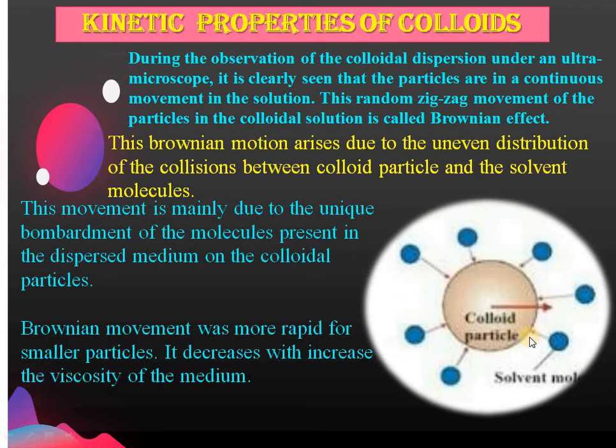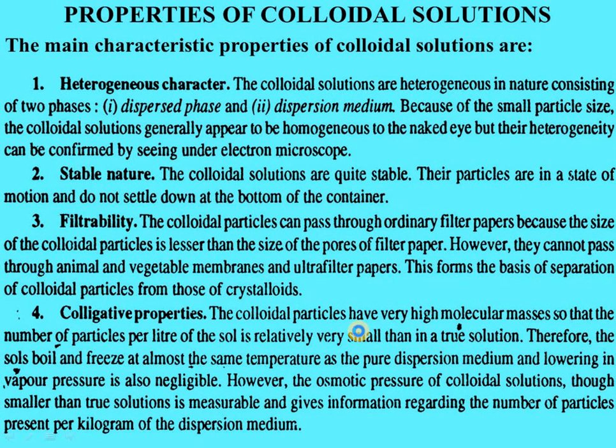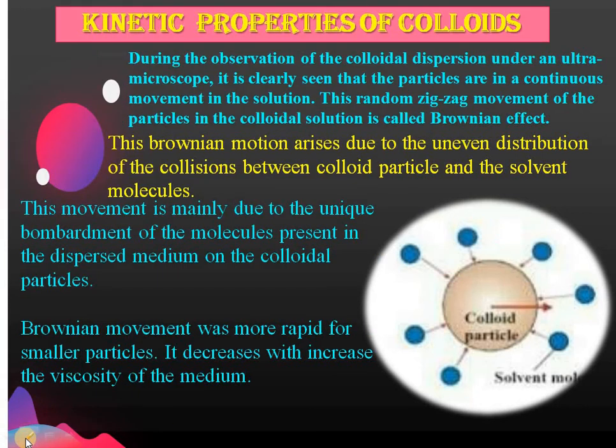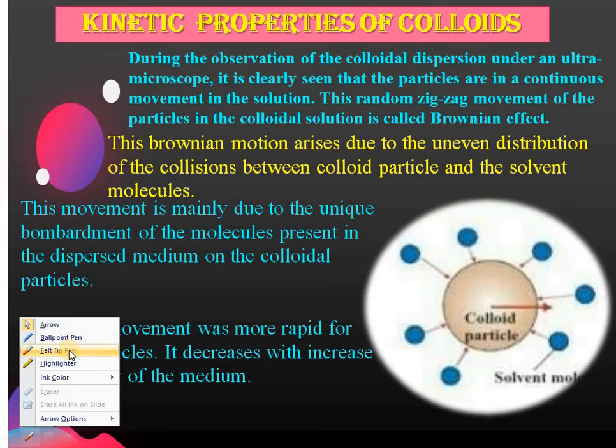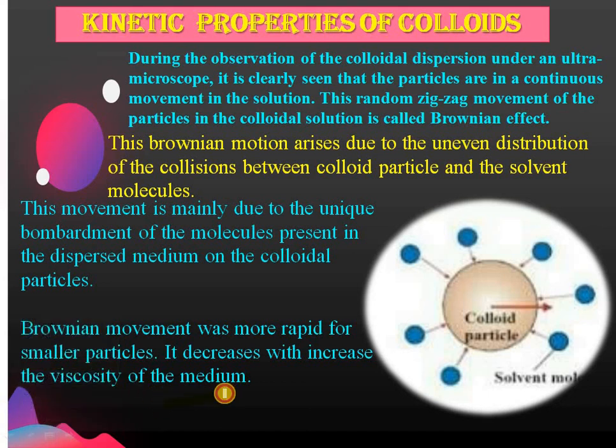So this is the bombardment. This is a colloidal particle, these are the solvent particles, or we can say the dispersion medium, and this is the dispersed phase, and this is how the collision occurs, and this represents the zigzag motion. You can see this zigzag motion like this. We can have a dispersion medium, which you have studied in your 9th class.